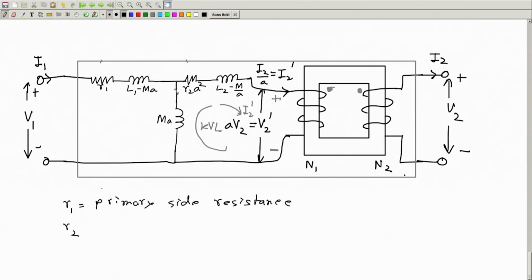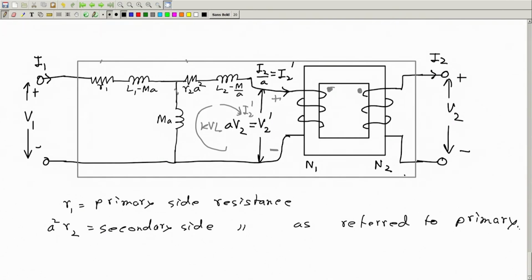R2 multiplied by A square is the secondary side resistance as referred to primary, and because of this factor A square, you call it as referred to primary.